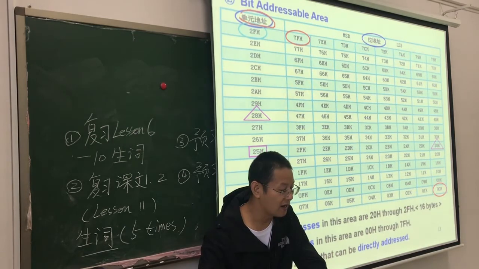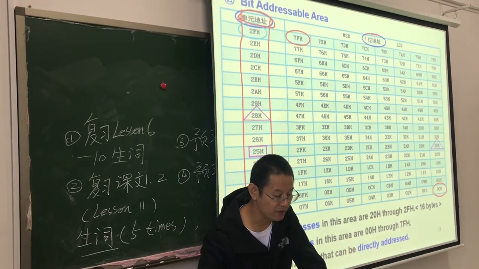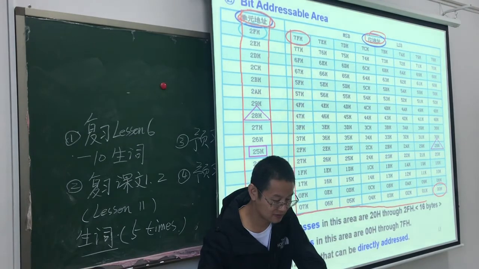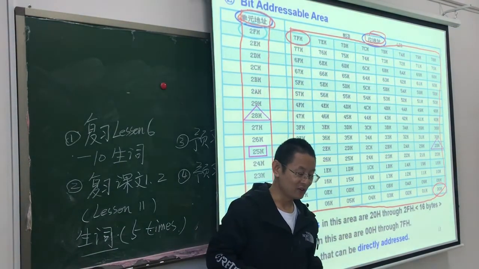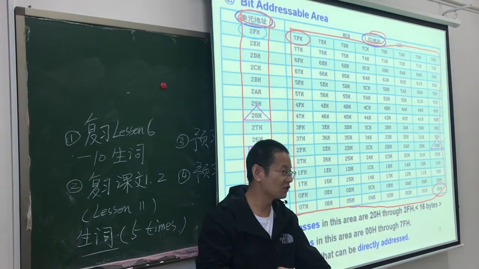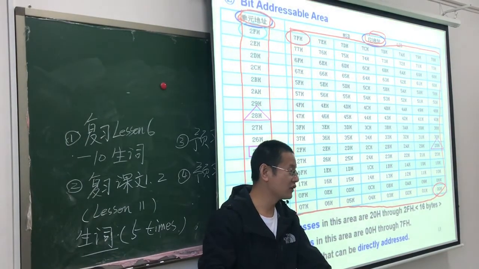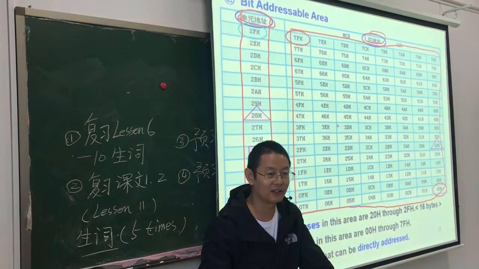This is a byte address. This is a bit address. You can imagine the memory like a picture, just like this figure, and write and read your memory.